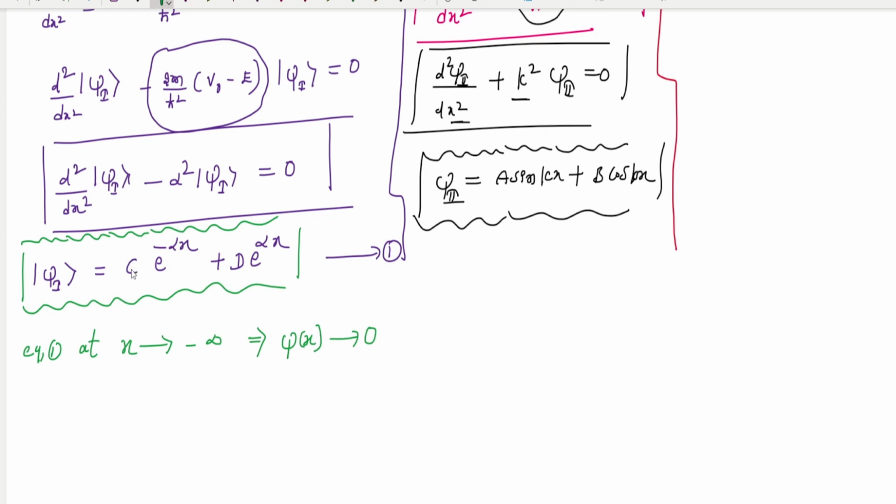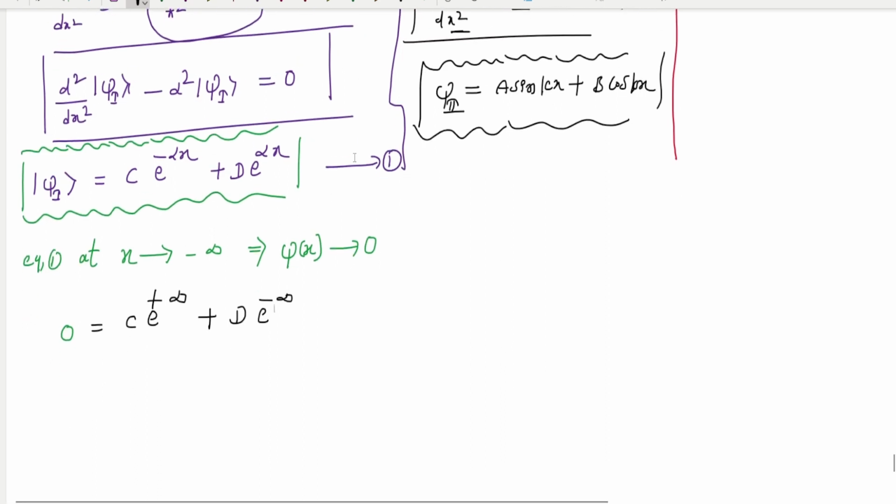So then I'm going to use this boundary condition in equation number 1. So wave function is 0, right? Equal to c e power minus, in place of x, the value minus infinity, plus d e power alpha into minus infinity. Then I can get here e power minus infinity. So what is the value of this one?